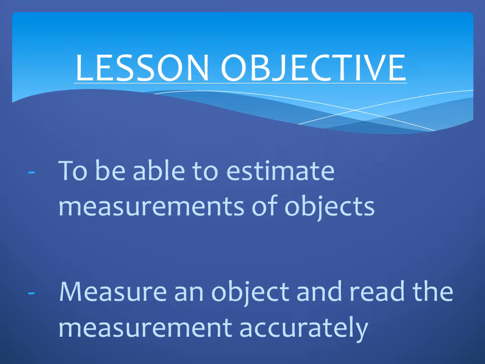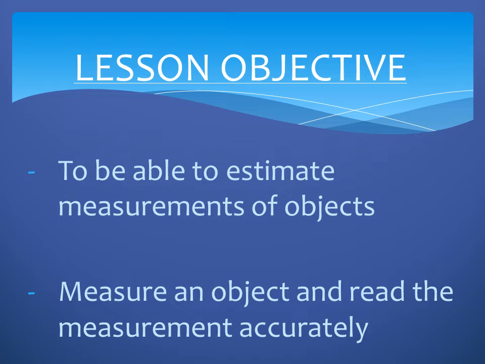We need to be able to estimate measurements of objects by looking at it, not by doing the actual measurement. And then we'll also be able to measure an object and read the measurements accurately. So after estimating the measurements of the length of the tree, then I do the actual measurements. I estimate it to be 200 meters.